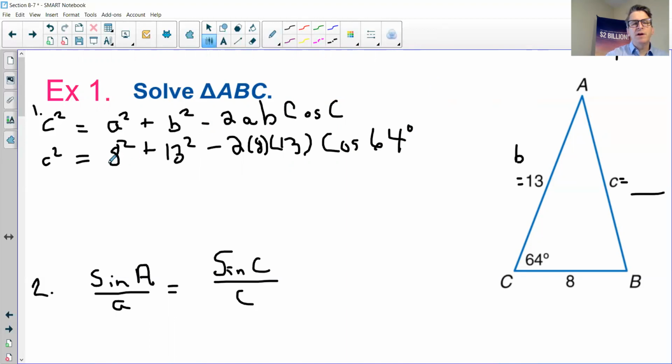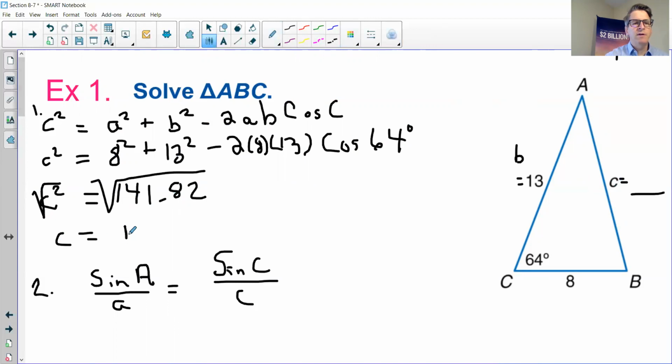If you calculate this using your calculator, you have 141.82. So you're looking for the positive square root of c squared, which is 141.82. Taking the square root of both sides, you end up with c equal to 11.91.